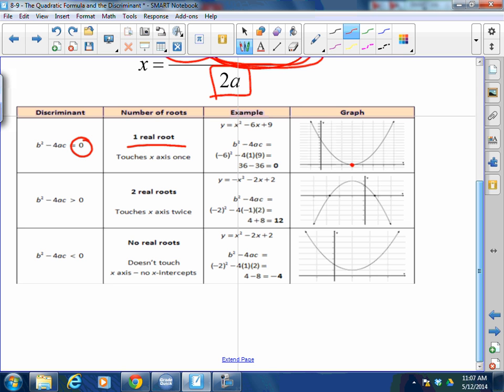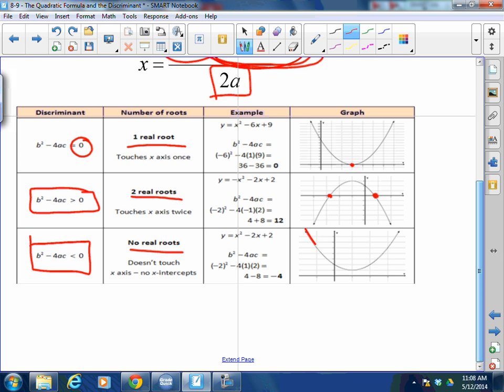If the discriminant b squared minus 4ac is greater than 0, you're going to have two solutions. I promise. And if b squared minus 4ac, the discriminant, is less than 0, then you have no real solutions.